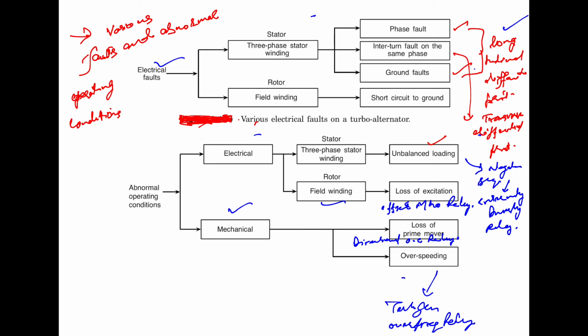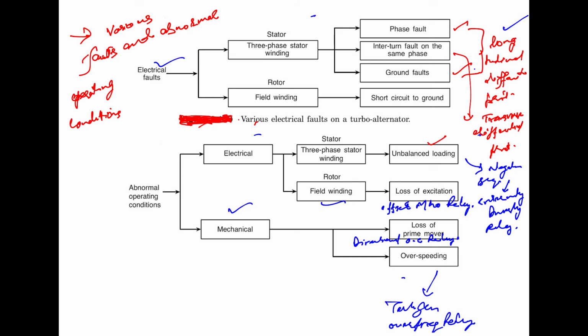Then for the three-phase stator winding, we have the unbalanced loading, and we can detect the negative sequence and then use the extremely inverse relay. Then for the rotor field winding or the loss of excitation, we use the offset mho relay. For the mechanical abnormal operating condition, that is overspeeding, we use the tacho generator and the over frequency relay. And for the loss of prime mover, we use the directional overcurrent relay.